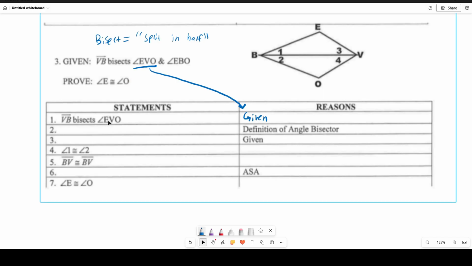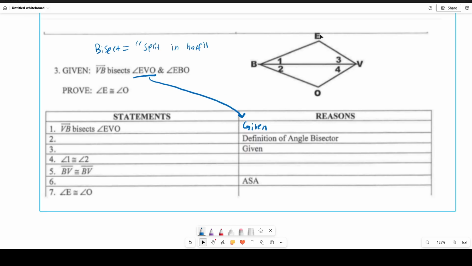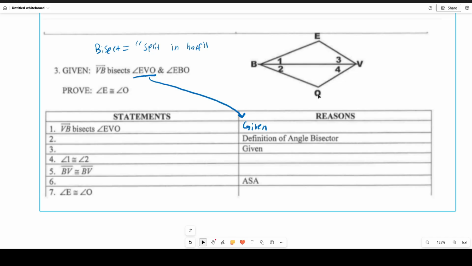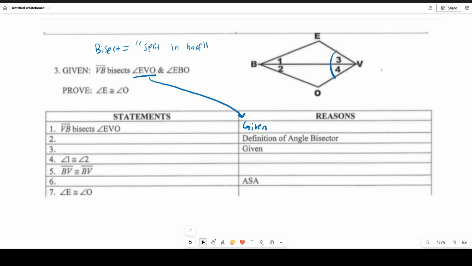Well, let's look at angle EVO. Angle EVO starts at E, and then it goes to V, and then it goes to O. So it is this whole big thing right here. Well, if we cut it in half, it's made up of what two angles? Angle 3 and angle 4 fully make up angle EVO.